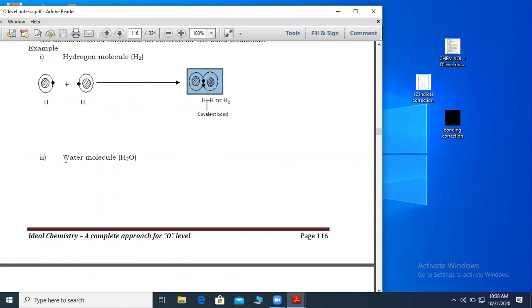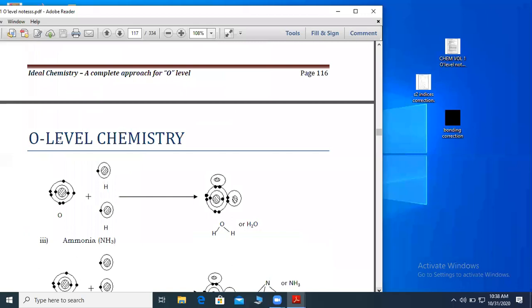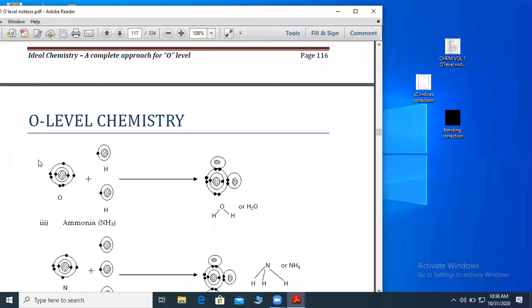Water molecule. Now, a water molecule is going to be formed between hydrogen atoms and oxygen atoms. We first write the electronic configuration of oxygen. It is 2, 6.